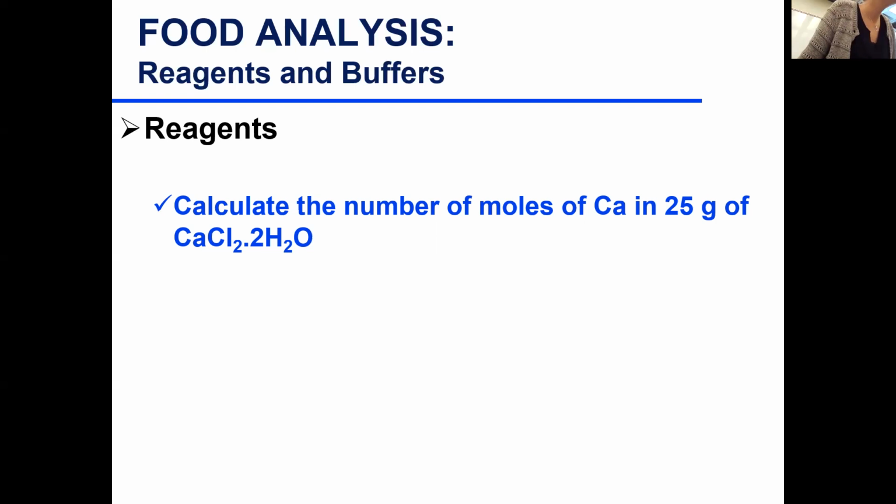Say that again? Avogadro's number. You don't need Avogadro's number. Yes, Michael? I thought the dot is supposed to be like multiplication. Calcium chloride dot 2 waters. Oh, that is not a multiplication. You add all the different molecular weights to get the molecular weight of the whole molecule. It's a molecule. That's telling you that the calcium chloride is attached to 2 moles of water. Normally how they do it is, when you do a hydrated compound, you put it in parentheses.